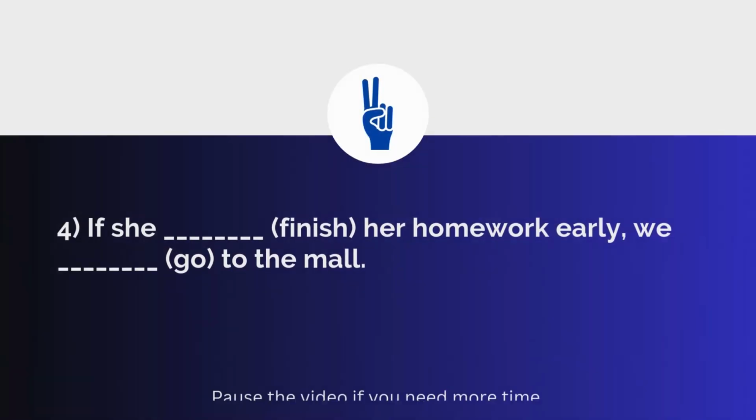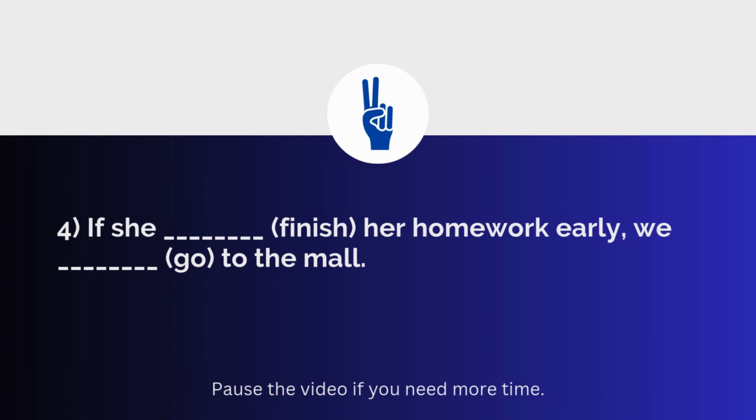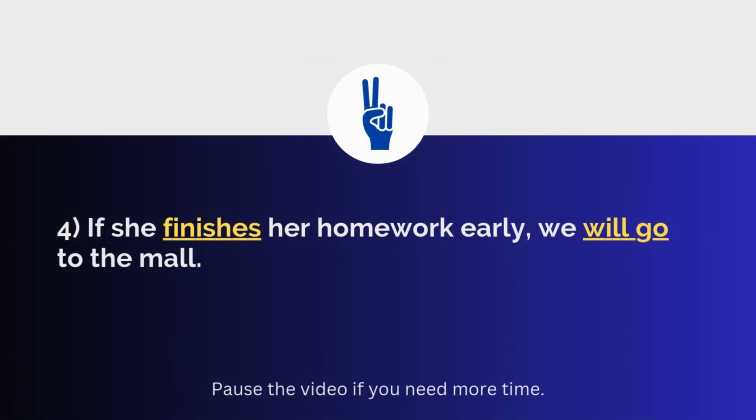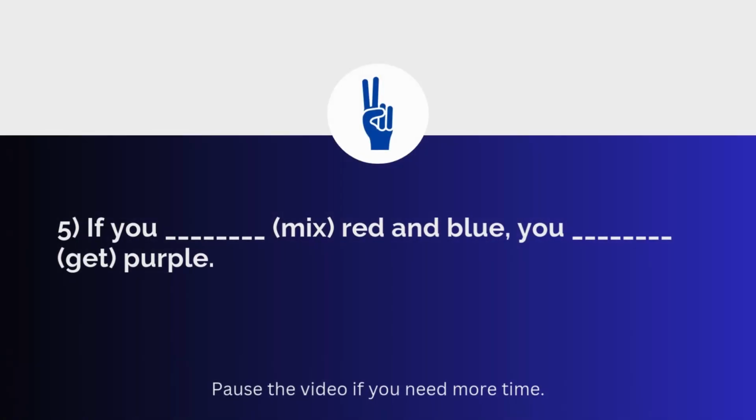4. If she finish her homework early, we go to the mall. The answer is, if she finishes her homework early, we will go to the mall. 5. If you mix red and blue, you get purple.